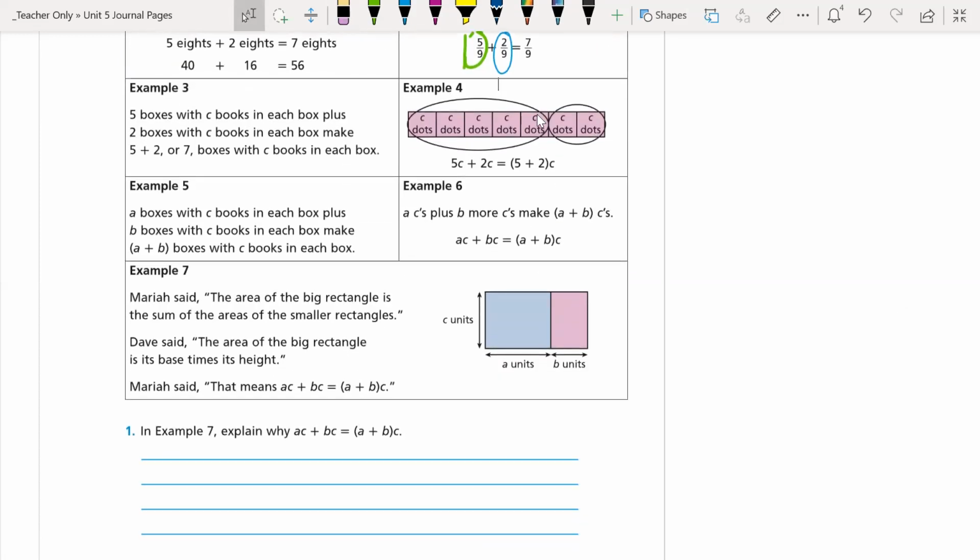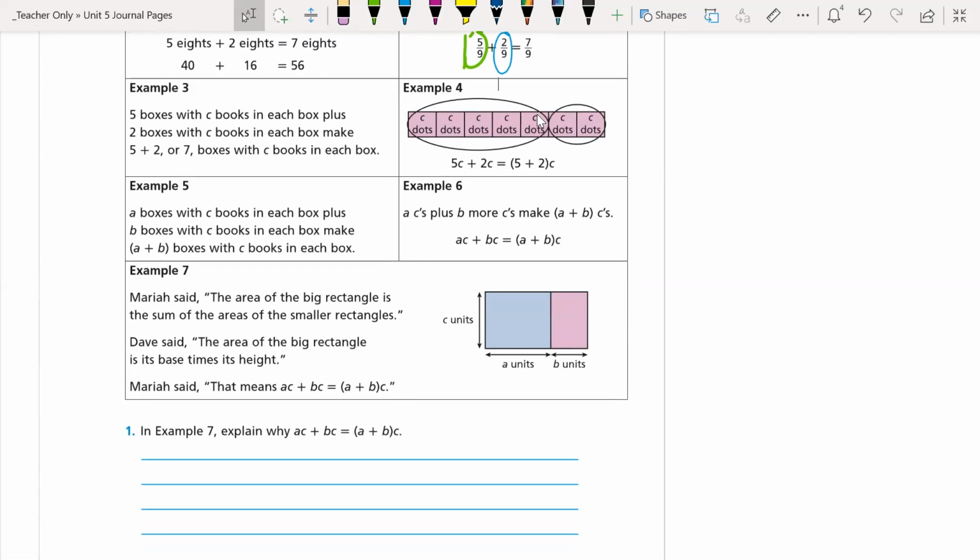Example number 3 is 5 boxes with C books in each box plus 2 boxes with C books in each box. That makes 5 plus 2, or 7 boxes with C books in each box. So that's another example. And what that looks like is right next to it in example 4.